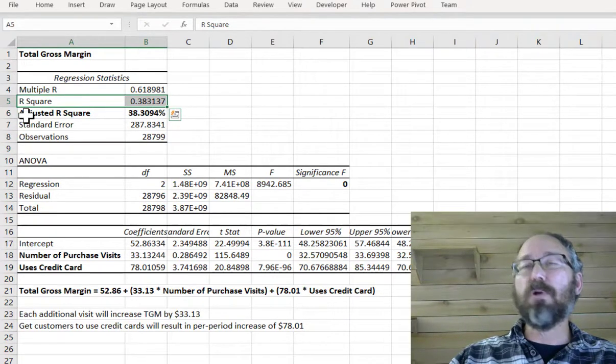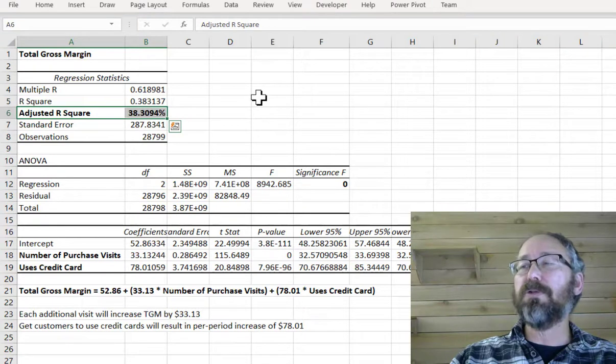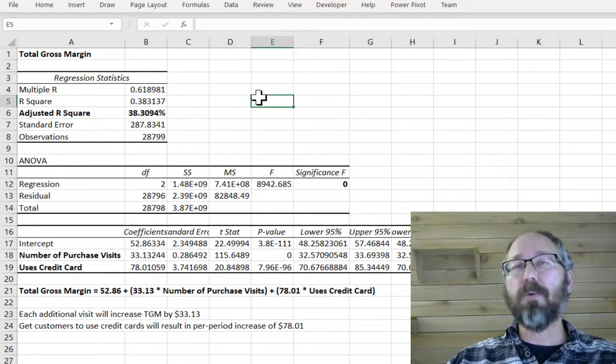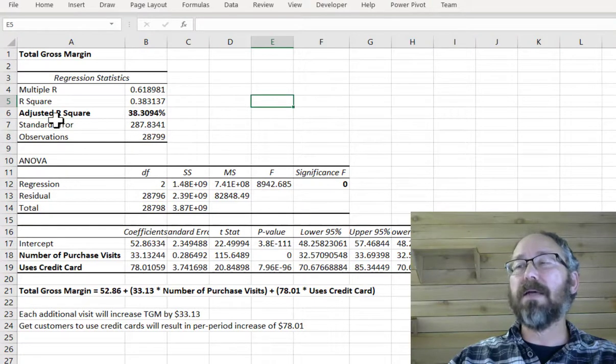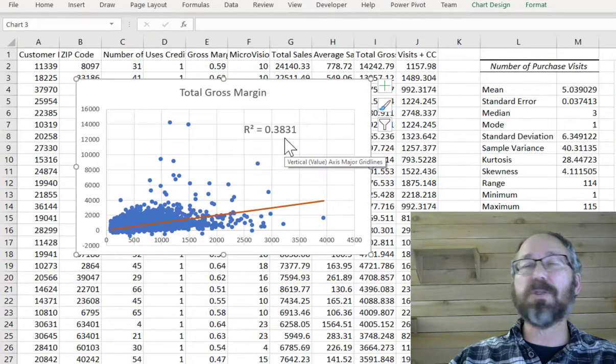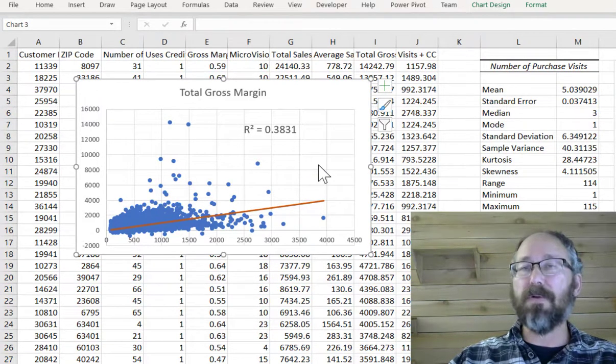But if you're using multiple predictor variables, you need to use the adjusted R square. If you're working on a project where you're trying to figure out which combination of attributes have the highest percentage for explaining the variation in your response variable, then you're going to want to look at that adjusted R squared value. So you can plot this and you can display the R square, but not the adjusted R square value.